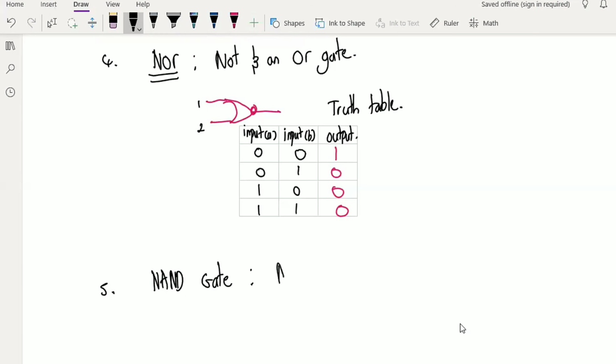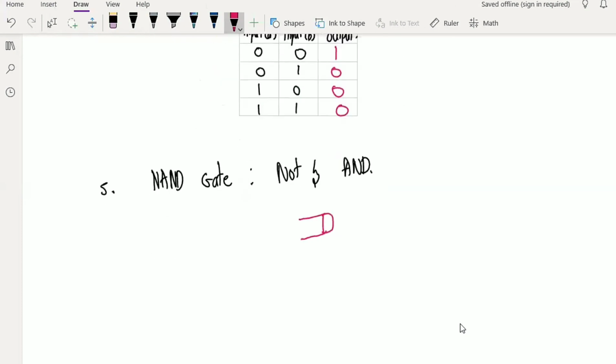So it's a combination of NOT and AND. We just have to remind ourselves of what the symbol for the AND gate would be. We remember that, we think about the D in AND. Start with a D, bring these lines up. Forgive the squiggly lines again. I feel like I'll be saying this in every video.